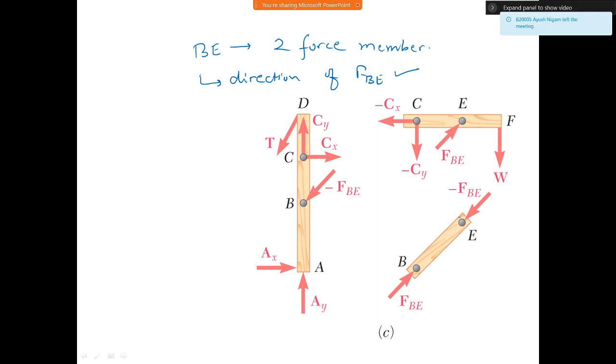Now if BE is in compression, then the force at node E will be equal and opposite, something like this. Similarly, on member DA or AD, FBE will be in this direction, equal and opposite. Now there are reaction forces at pin joint C, right?